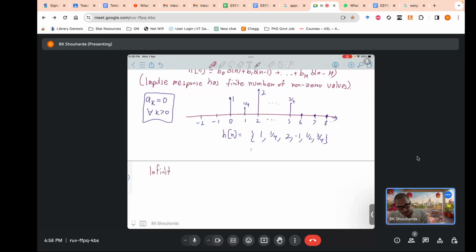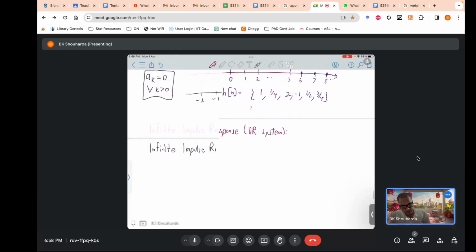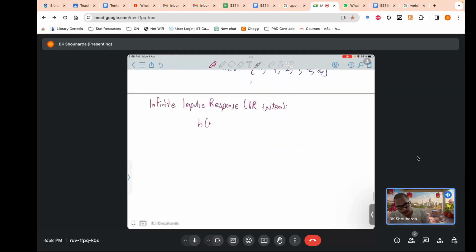Infinite impulse response, or IIR system. So h[n] will actually be summation k equal to 0 to infinity h[k] delta[n minus k]. One such example that I can show you is h[n] equal to 2 to the power minus n.